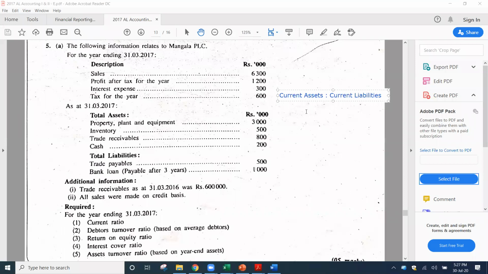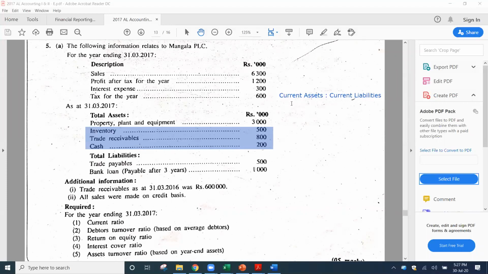So how much is current assets? What do you have as current assets here? Inventory, trade receivables, and cash. These are current assets.